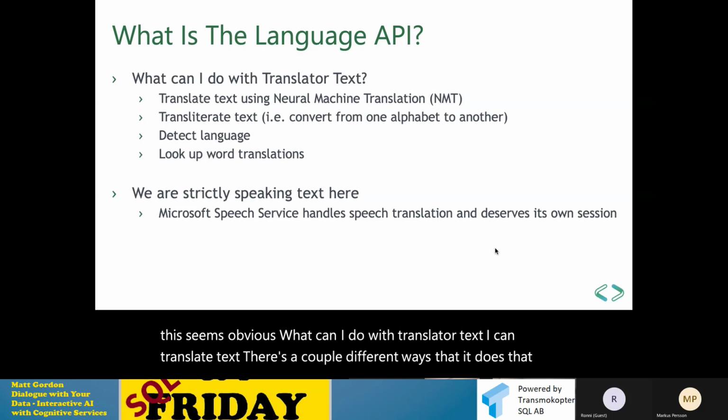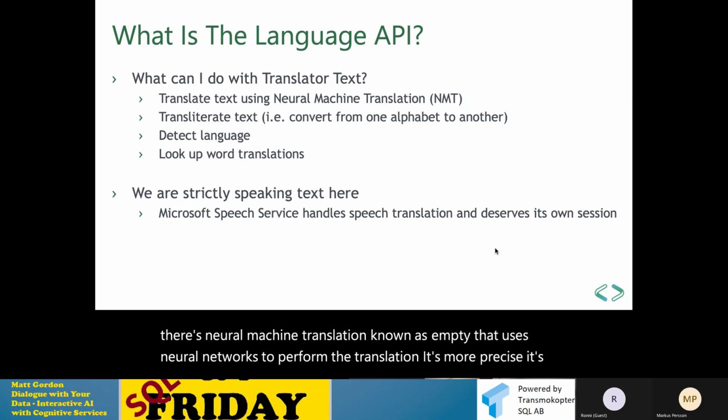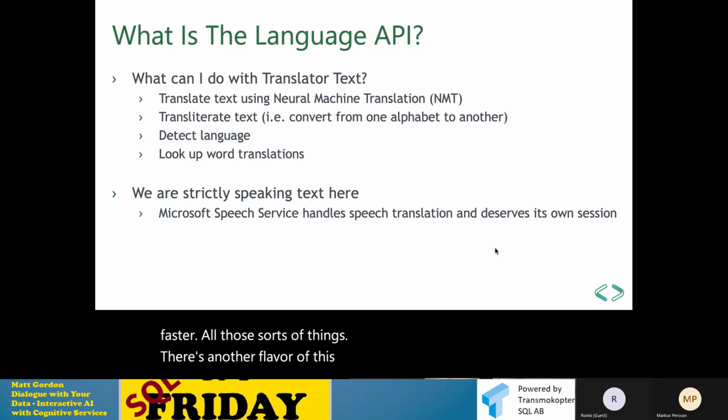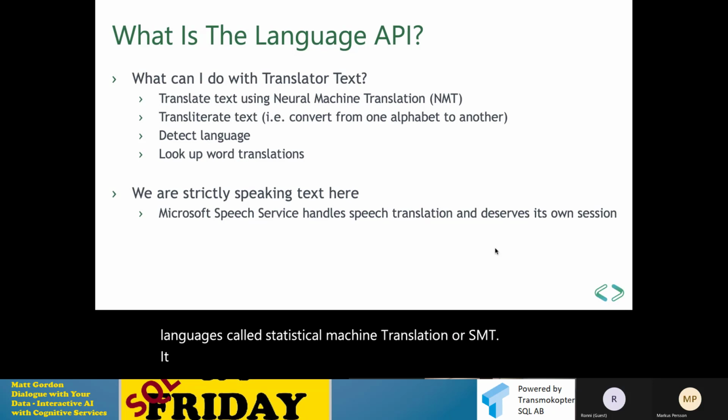So there's neural machine translation, known as NMT, that uses neural networks to perform the translation. It's more precise, it's faster, all of those sorts of things. There's another flavor of this that Cognitive Services uses for some languages called statistical machine translation, or SMT. It is not as fast, not as precise, but still pretty good.